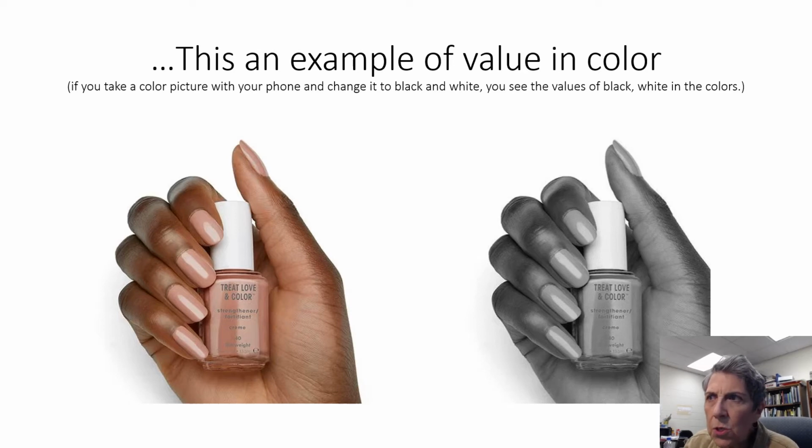This shows you, students, the value, the grays, the black and white in this. So you see color, but we see value in that. So you see this white, there it is. Contrast. This is what this designer is doing.